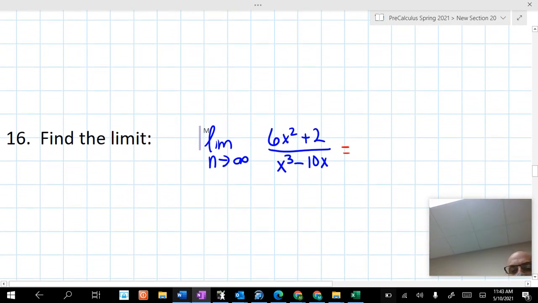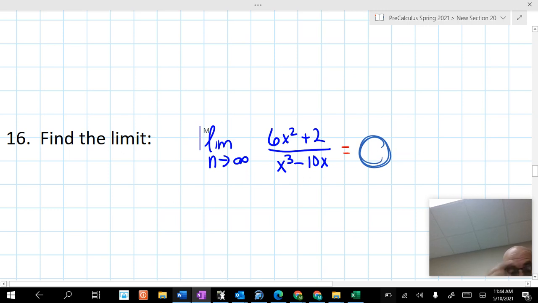So, are the powers the same here? No. If the power's higher on the bottom than the top, what is it? No. 0. Why?